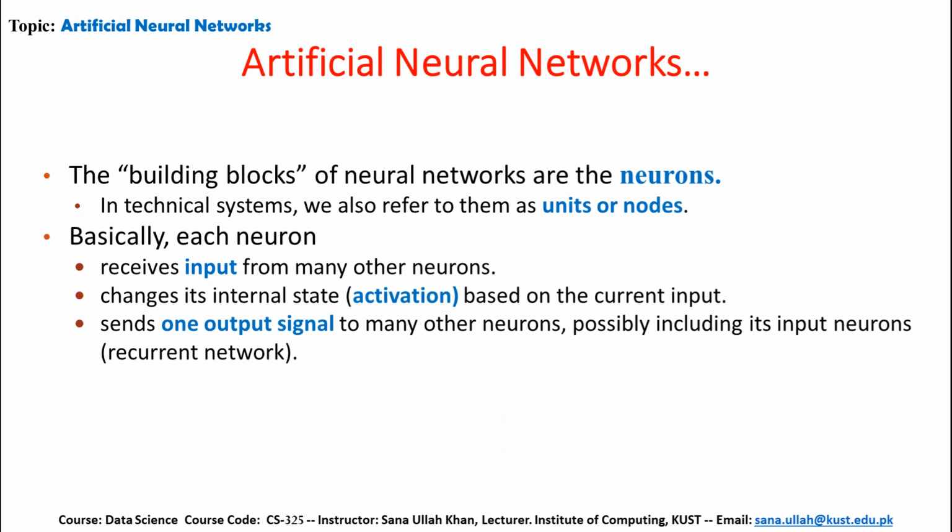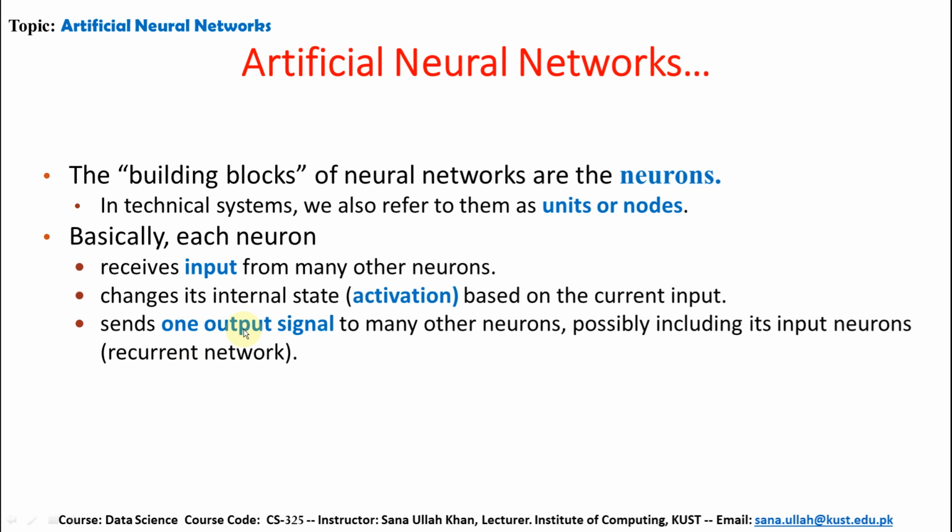The building blocks of neural networks are the neurons. In technical systems we also refer to them as units or nodes. So basically each neuron receives input from many other neurons or from the environment, changes its internal state using an activation function based on the current input, and sends one output signal to many other neurons.